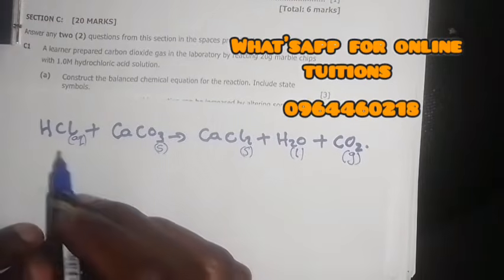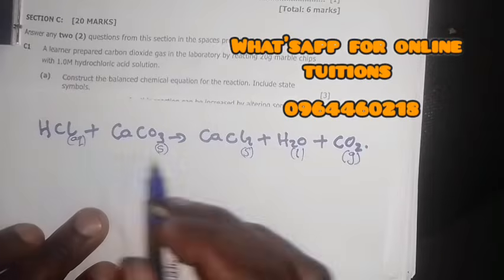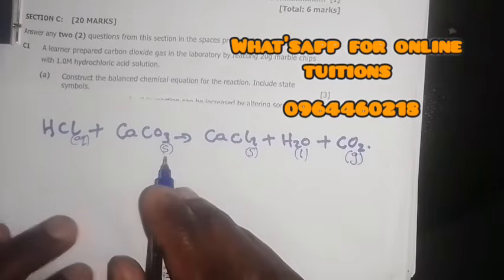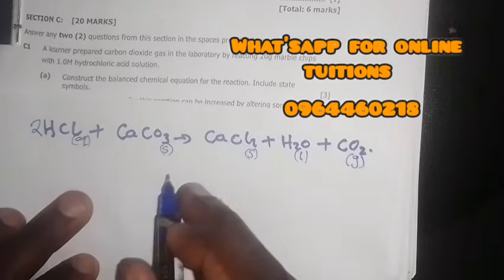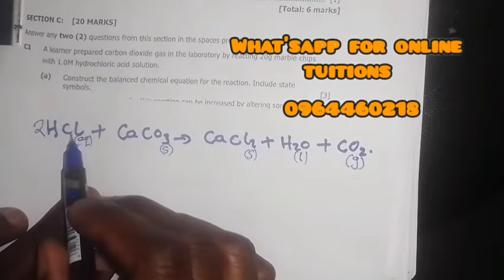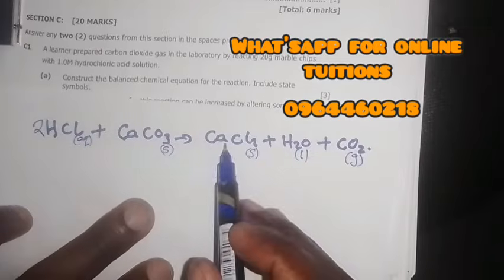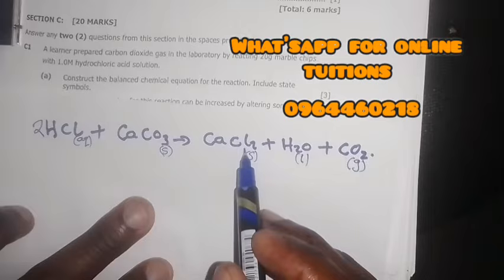Now you have to balance now. So you can look at this one, hydrogen 1 on the left and hydrogen 2. So we have to put now a 2 there. Now this 2 will also affect the chlorine, and you can see that 2 chlorine, also 2 chlorine there.